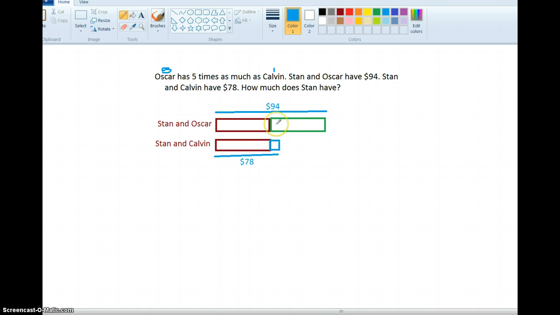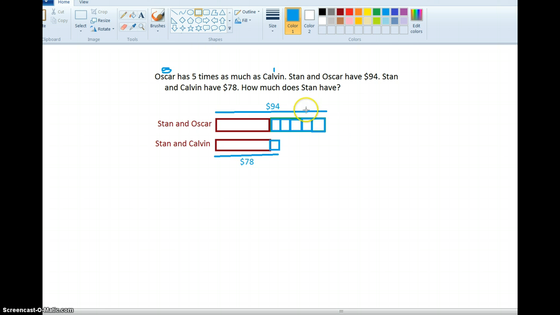Therefore, I can convert this green rectangle into 5 blue rectangles. So I'm going to convert it now. Okay, that'll be 1, 2, 3, 4, and 5.